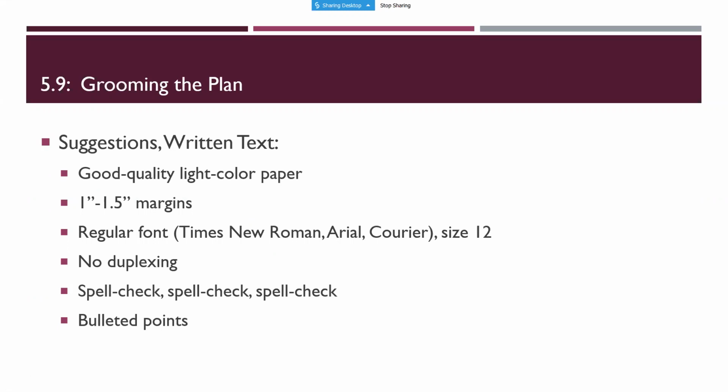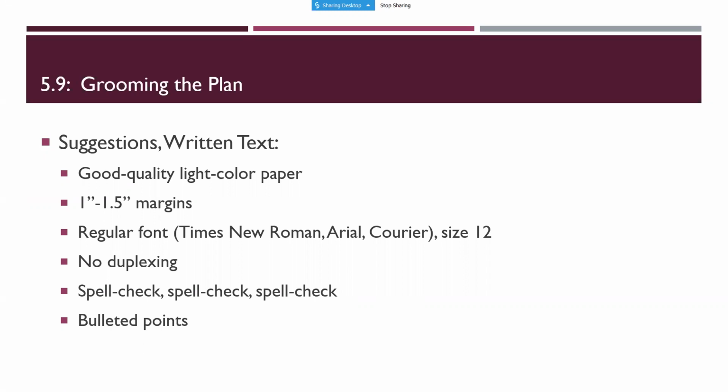So for the written text itself, some suggestions from the book. These are 87, and they talk about a PowerPoint presentation at 87, 88. So for written text, I'm going to print out a plan. I say a good quality light colored paper.